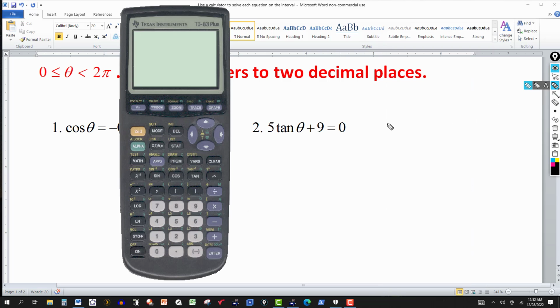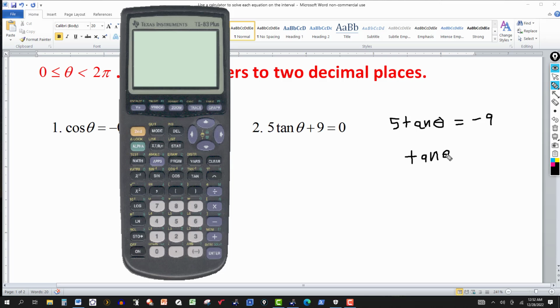And then for this one, I'm going to add negative 9 to both sides. Negative 9 here, negative 9 here. 9 cancels over there. I get 5 tangent theta equals negative 9. Divide both sides by 5.